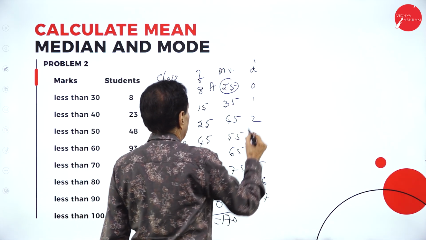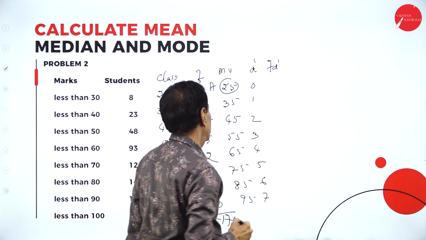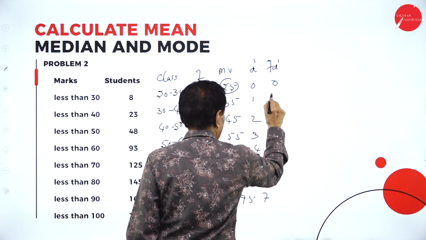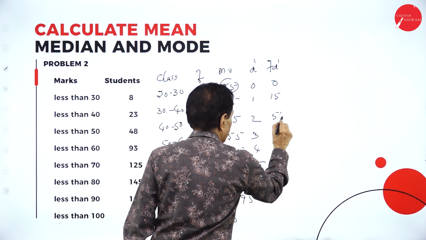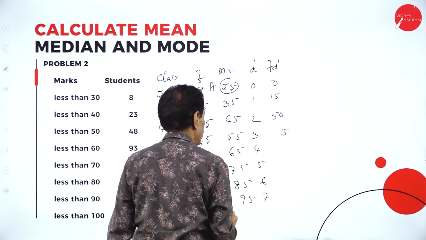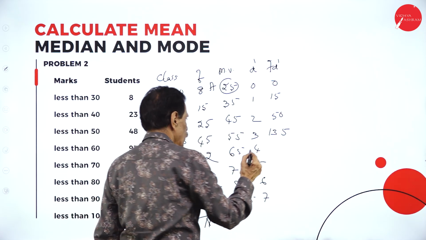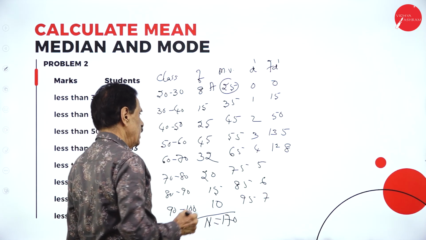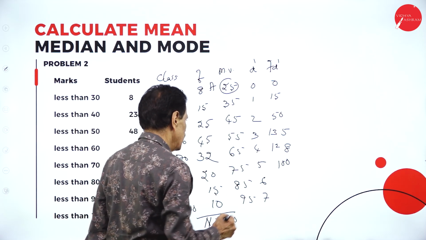Next step, FD dash, frequency. 8 into 0, 0. 15 ones are 15. 25 twos are 50. 45 into 3, 3 fives are 15, 3 fours are 12 plus 1, 135. 32 into 4, 4 twos are 8, 4 threes are 12, 128. 20 into 5 is 100. 15 sixes are 90.